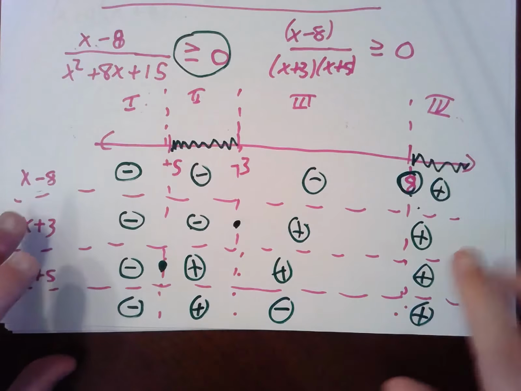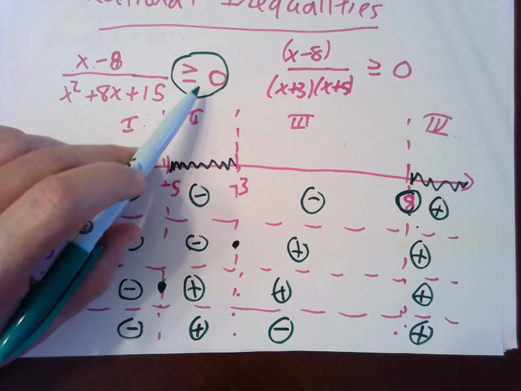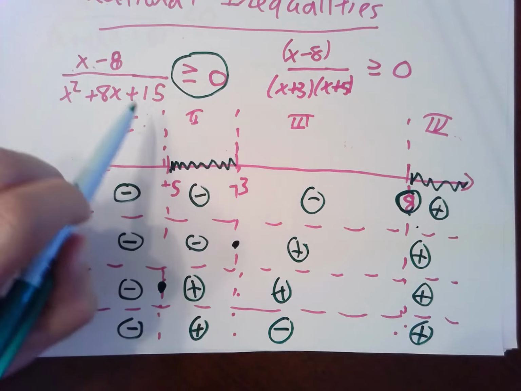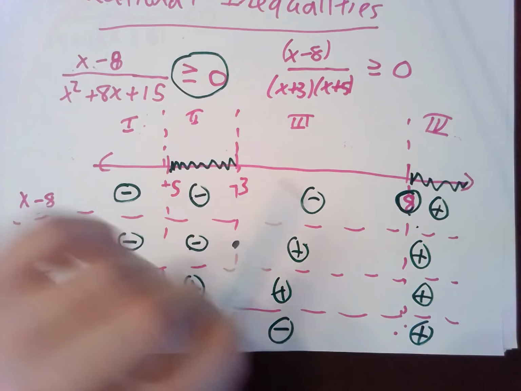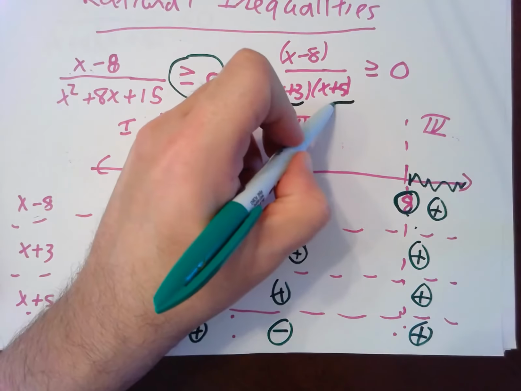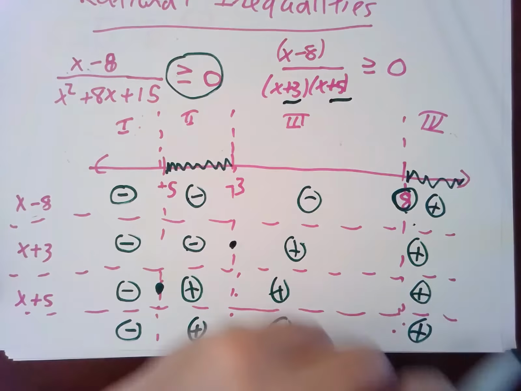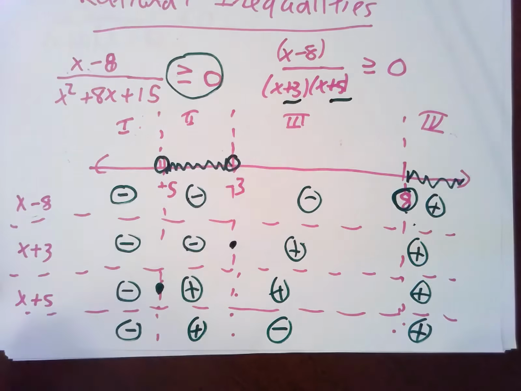Now we got to be careful about our endpoints. This says greater than or equal to 0. So anything that makes the whole fraction equal to 0 is okay. But remember, you can never have 0 in the bottom. These guys here are automatically bad. I'm never going to have closed circles on negative 3 and negative 5 here because they're in the bottom.